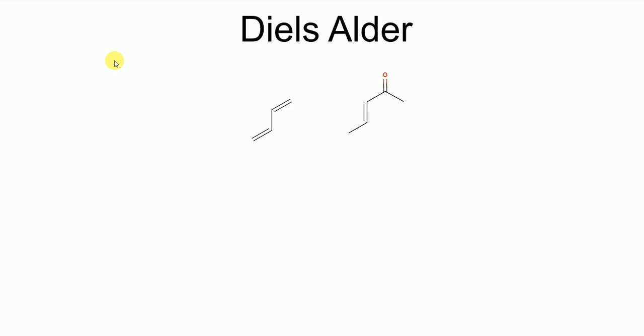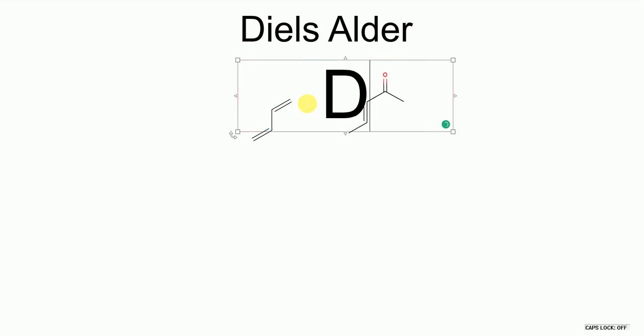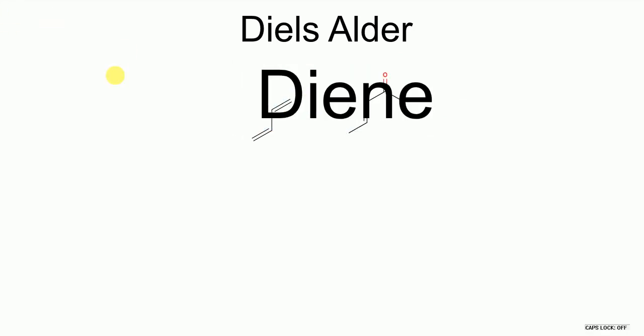It's going to make a cyclic system as a result. Okay, so what we require to do this is we need a conjugated system. So we need two conjugated systems, but they're unique.